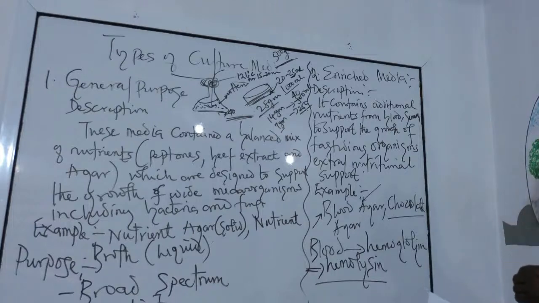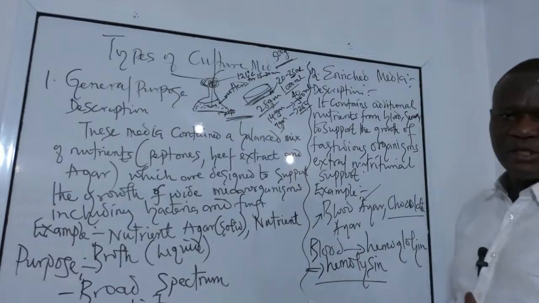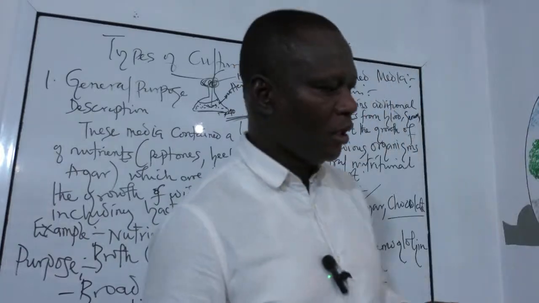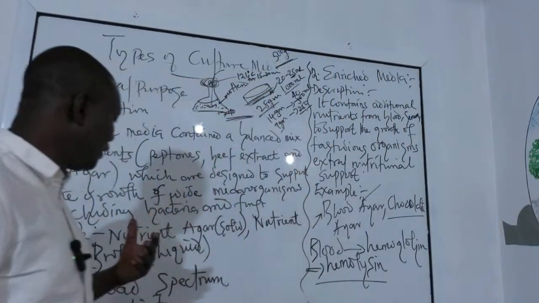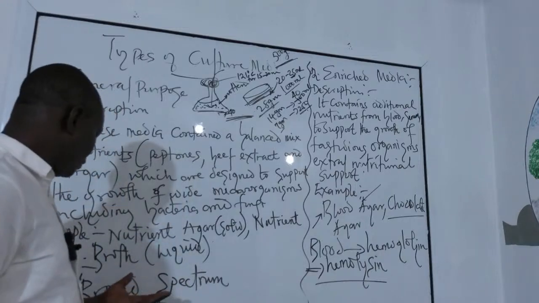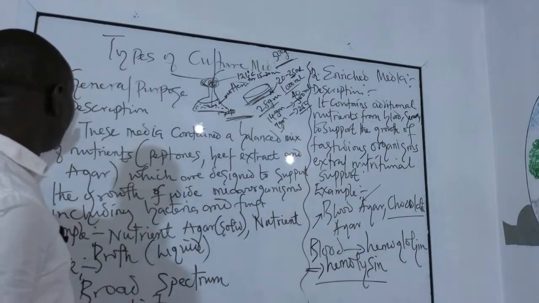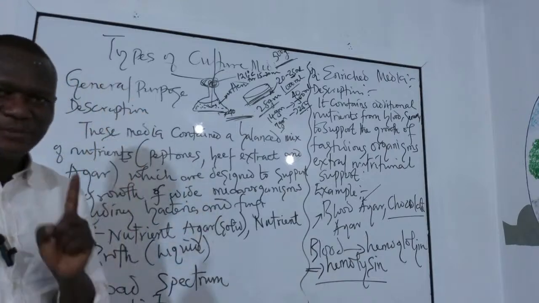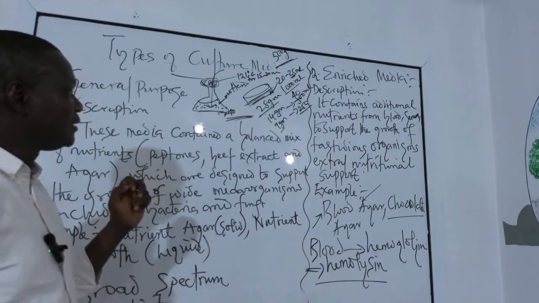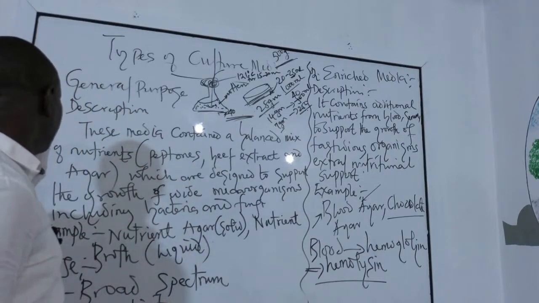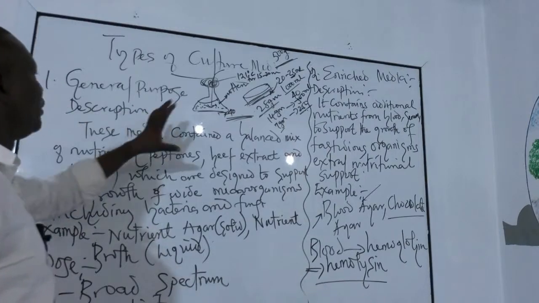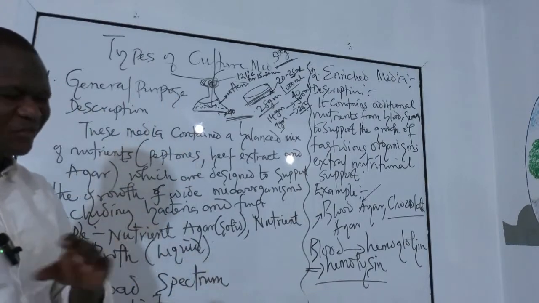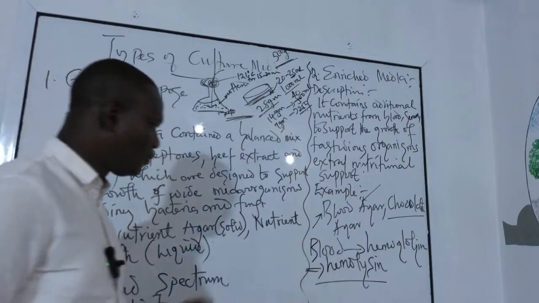What you are interested in is just growing microorganisms. It could even support the growth of fungi. Because of its simplicity, this is the starting point of your journey as somebody that wants to cultivate microorganisms.